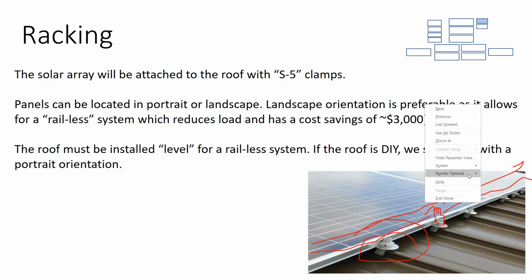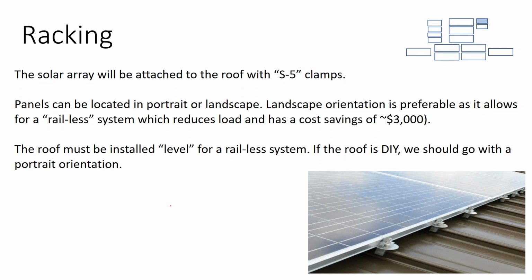Well, we've removed the rail from the equation. And when you remove the rail, you might think there are cost savings there. Well, there are a couple of things that installers don't like about these railless systems. One is the L-foot clip.